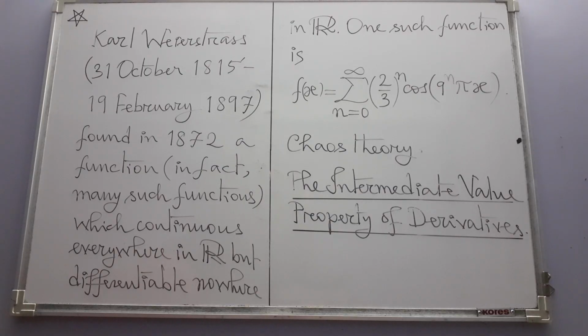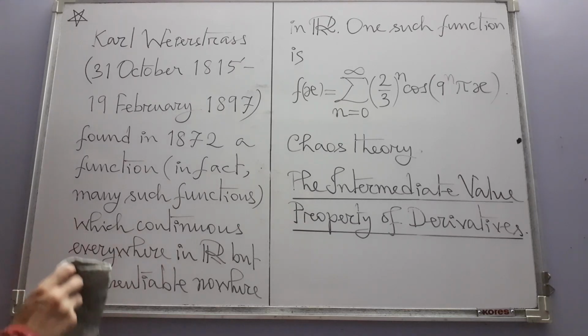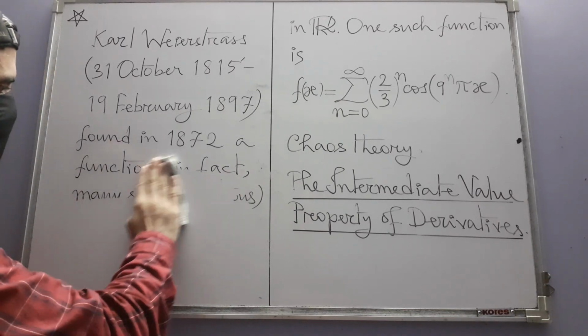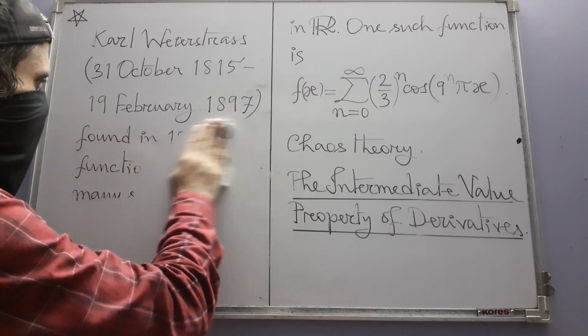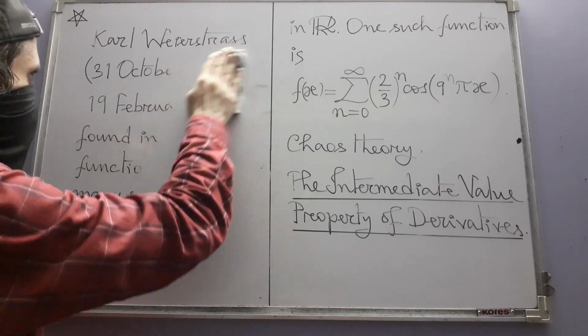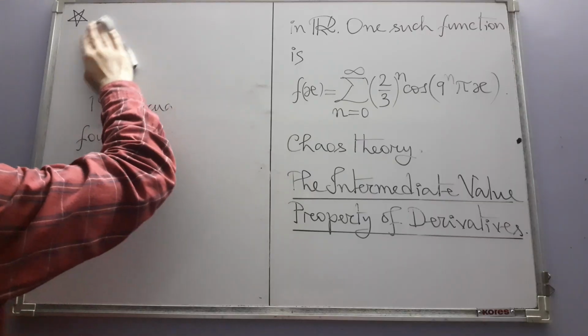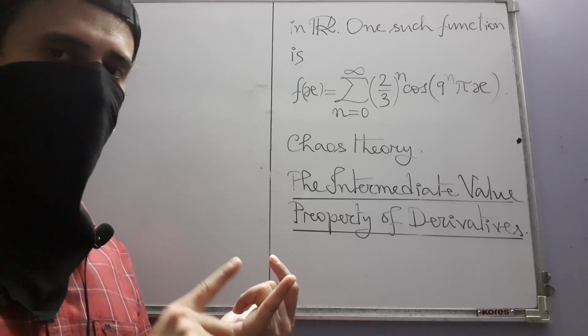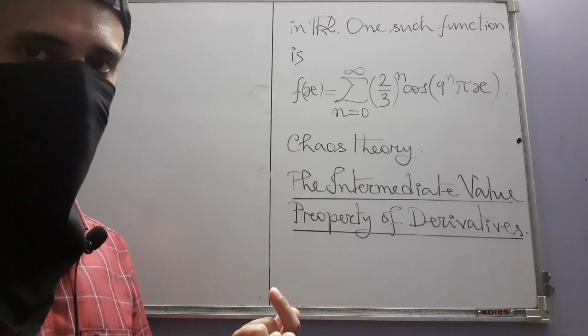Do you remember that while we started our study of calculus from this book, in the very beginning, 3 types of properties of the real numbers were mentioned: algebraic properties, order properties, and completeness.